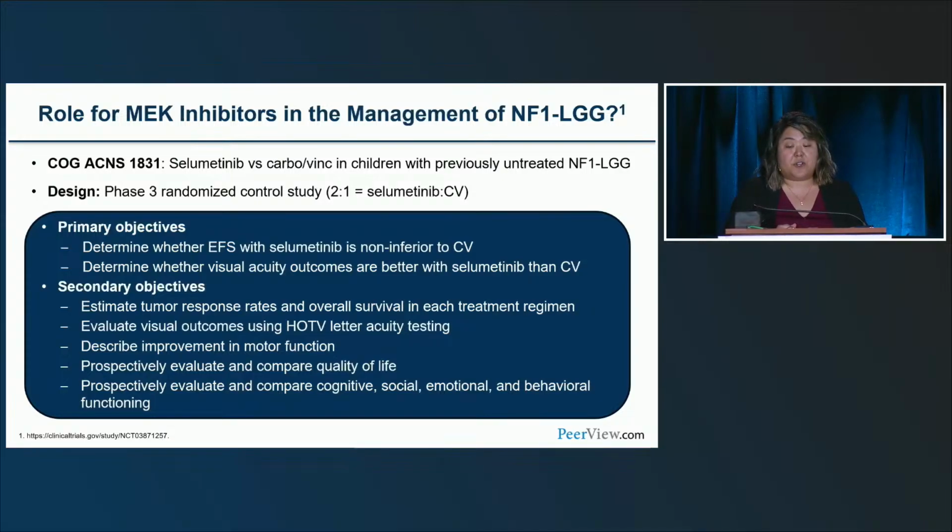So it is a non-inferiority study, and they're looking at visual outcomes, but also looking at very important secondary objectives, such as improvement in motor function, quality of life, visual outcomes, as well as other cognitive, social, emotional, and behavioral functioning.